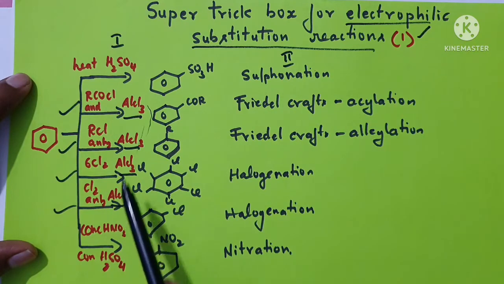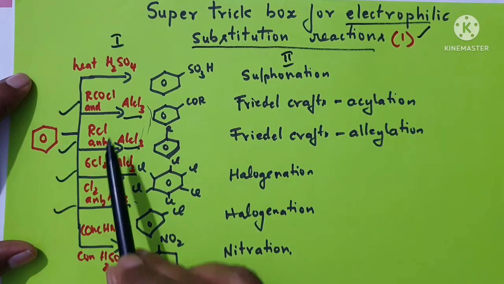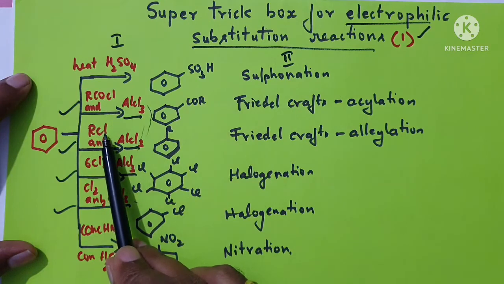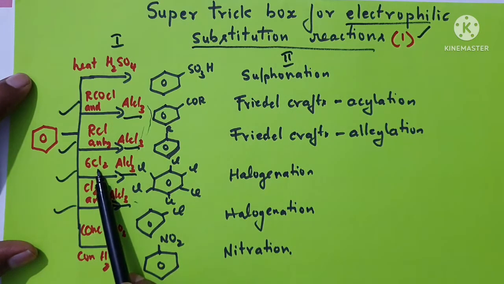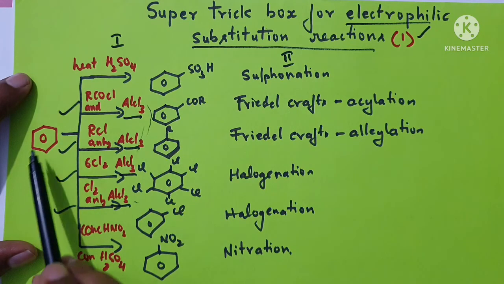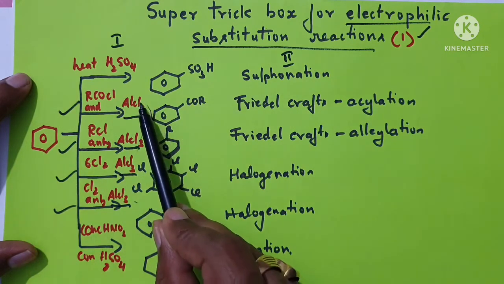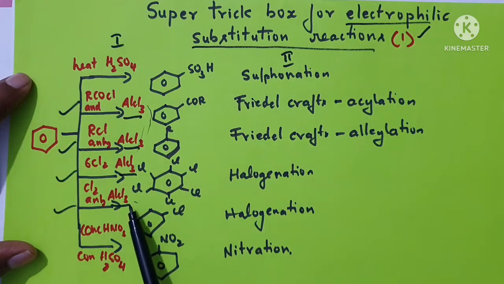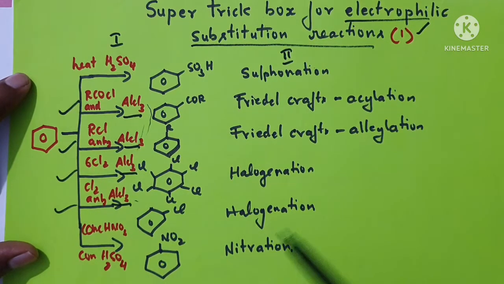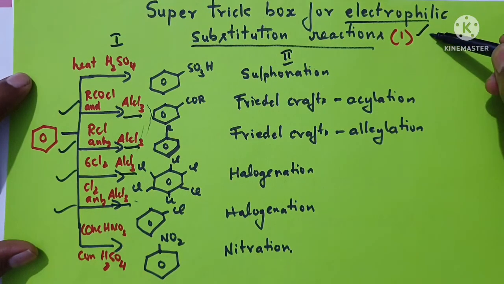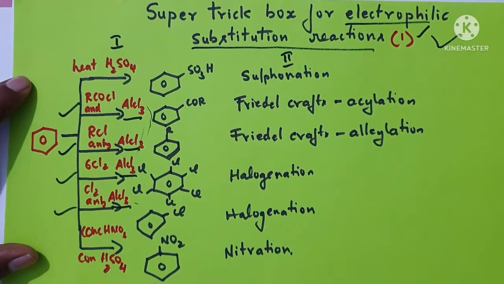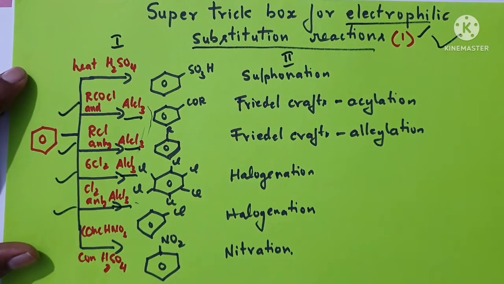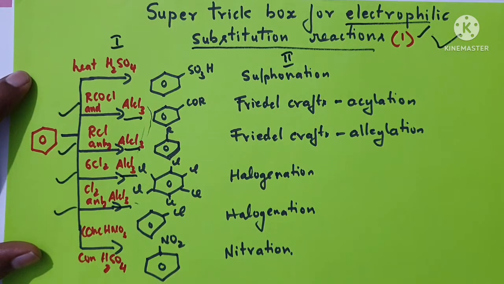Whenever you come across anhydrous aluminium chloride with acetyl or alkyl or Cl2 or in the presence of chloride, when benzene undergoes reaction in the presence of anhydrous aluminium chloride, fix in your mind, it always undergoes electrophilic substitution reaction. This is the first thing that you should remember.